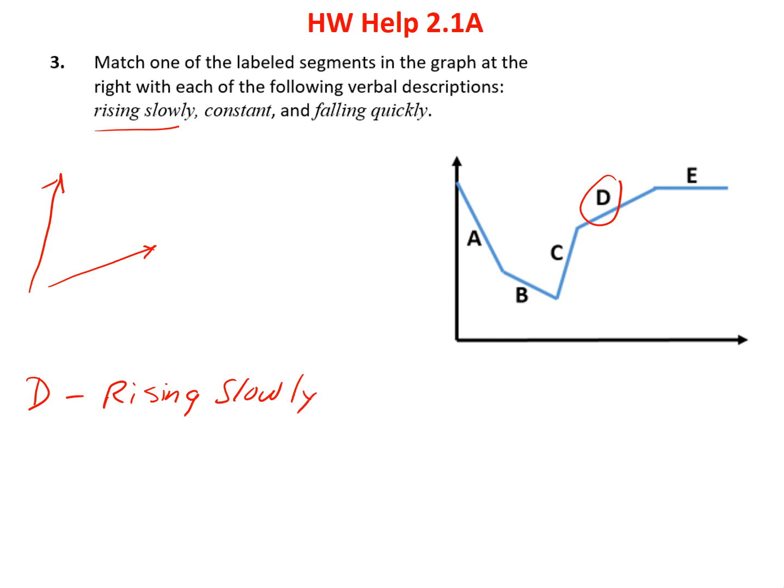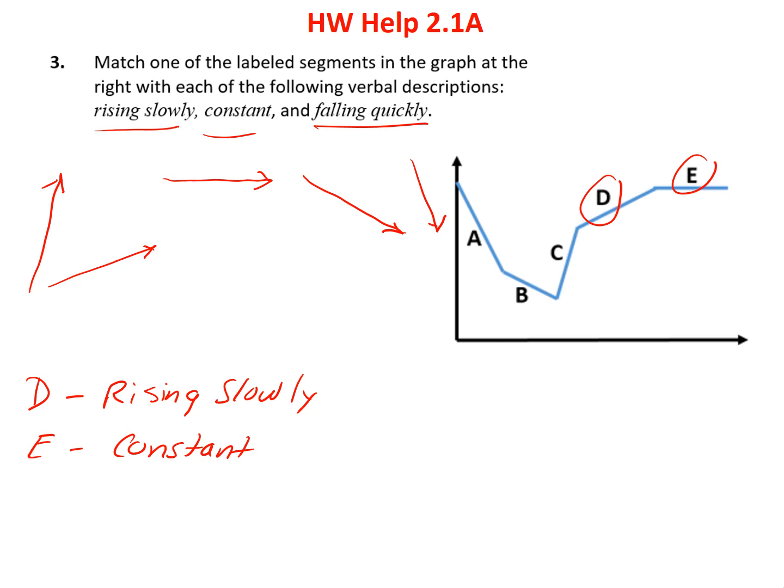The next one we're looking at is constant. Well, constant means it just stays the same. So as we look here, A is going down, B is going down, C, D, we're looking at E. Notice that stays the same. So E would be our constant. And lastly, falling quickly. Well, falling slowly would be like this, but falling quickly would look like this.